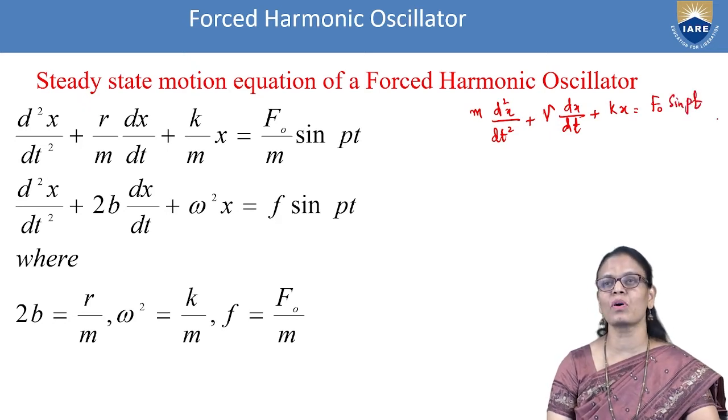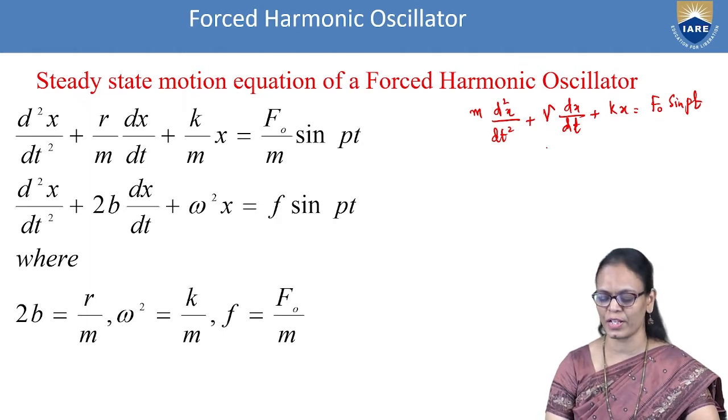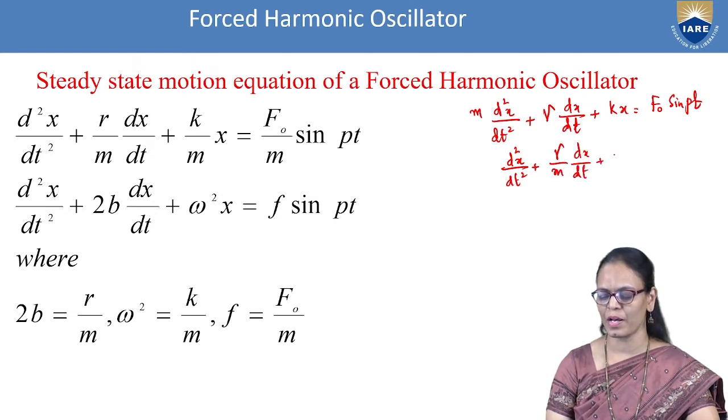We will divide throughout with m because we are going to bring in the second order differential equation. So divide throughout with m. So we get d square x by dt square plus gamma by m into dx by dt plus k by m into x is equal to f naught by m into sine pt.